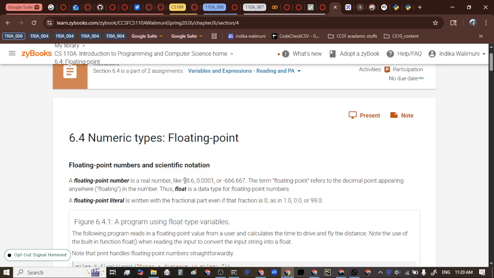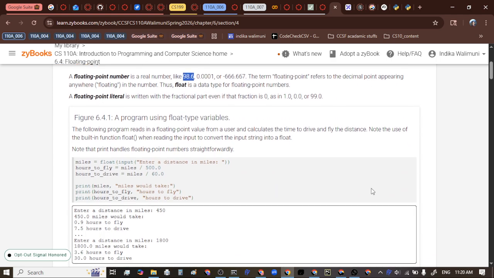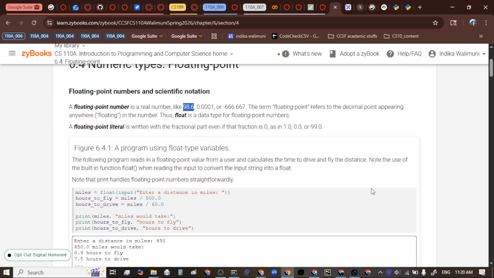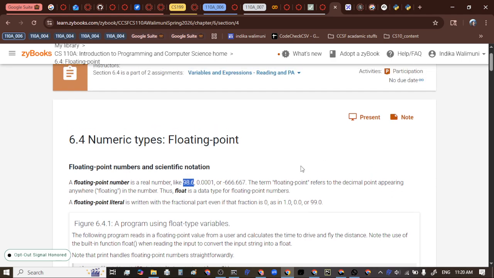So something like this. And for example, if we use a value like this, we call values literals, right? So in particular, we call them floating point literals. Okay. So if we use this value in our code like this, we call it a floating point literal.